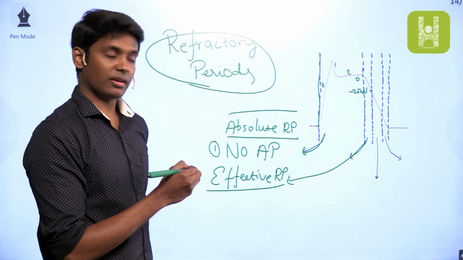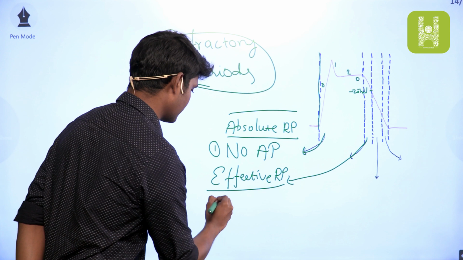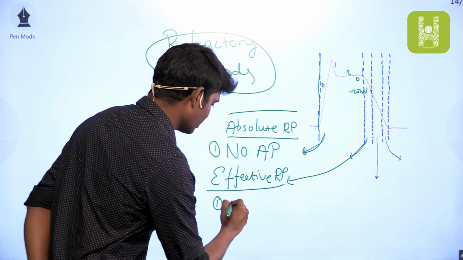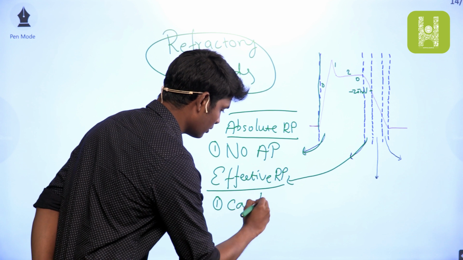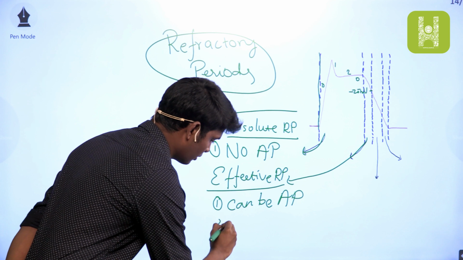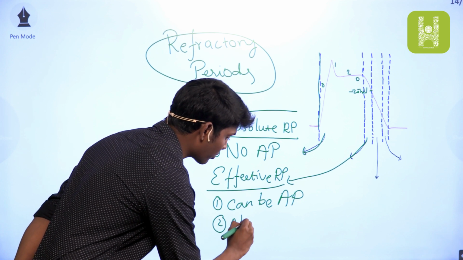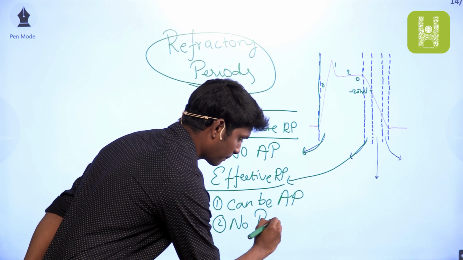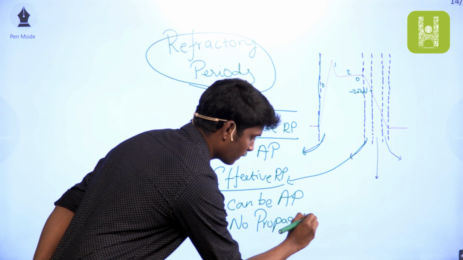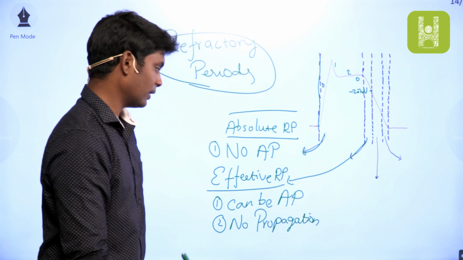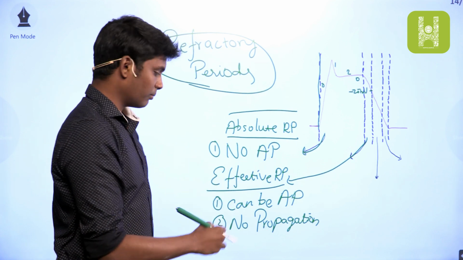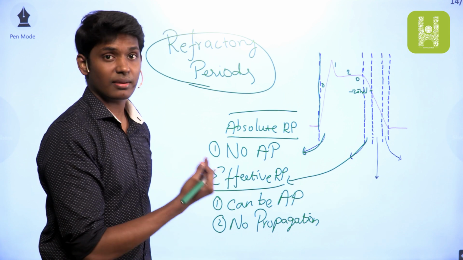During effective refractory period, there can be action potential which is produced, but there is no propagation of action potential. Okay, there is action potential which can be produced, which is small, but it can't usually be propagated.